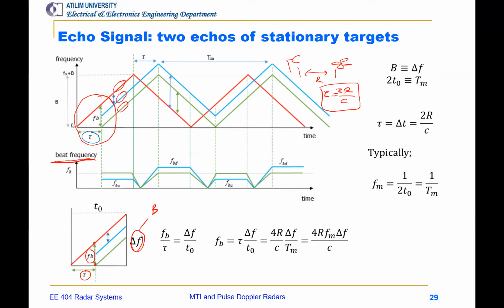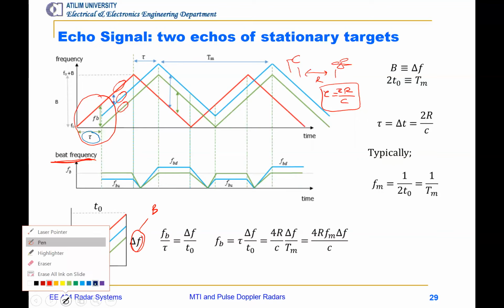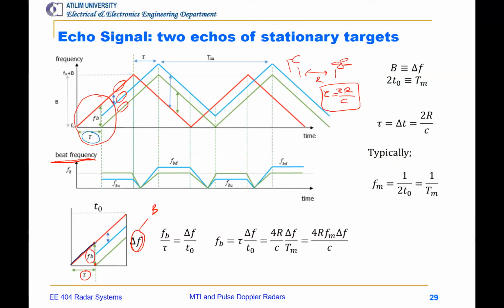So we can consider two triangles. One is here, the other one is here. By using the similarity, I can write the beat frequency in terms of the parameters of the radar.